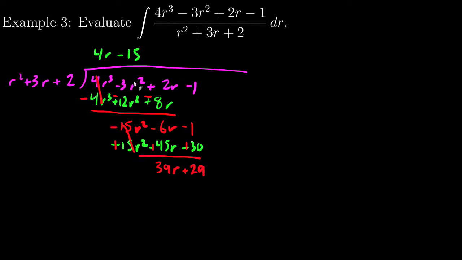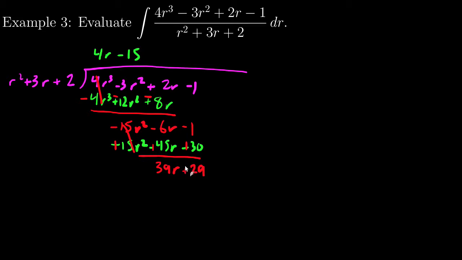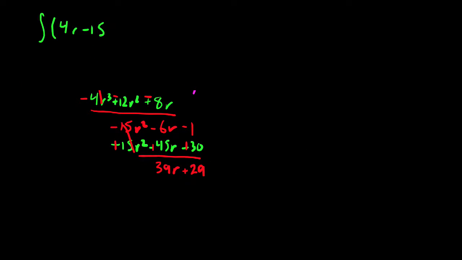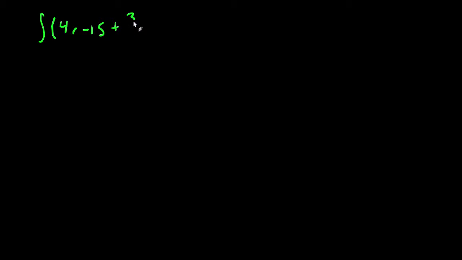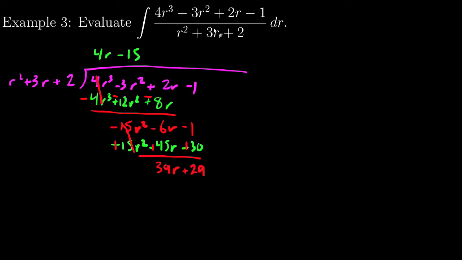I can rewrite it as the integral of 4r minus 15 plus, I get this remainder, plus 39r plus 29 over r squared plus 3r plus 2.